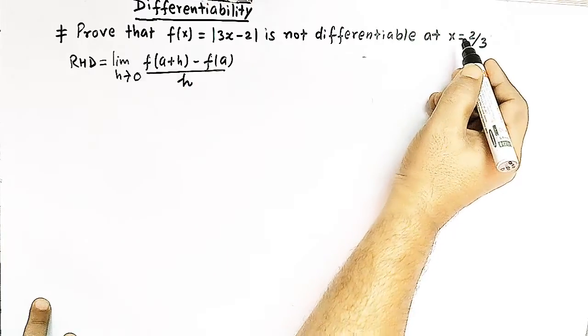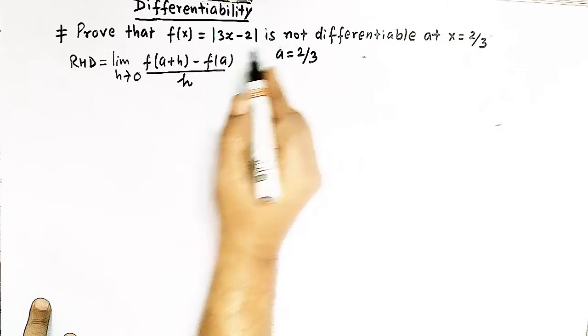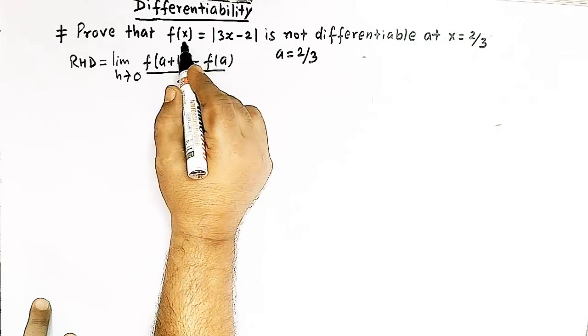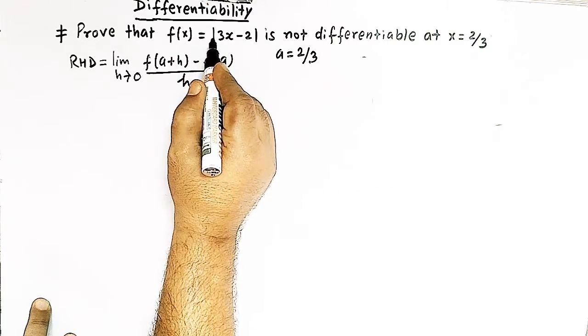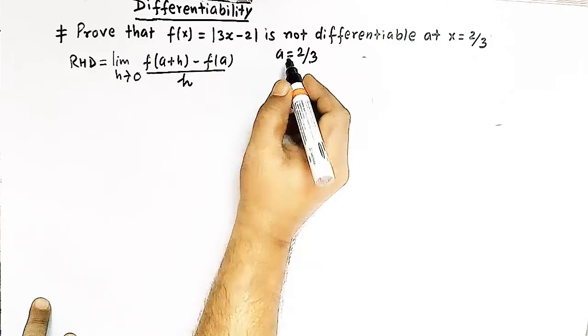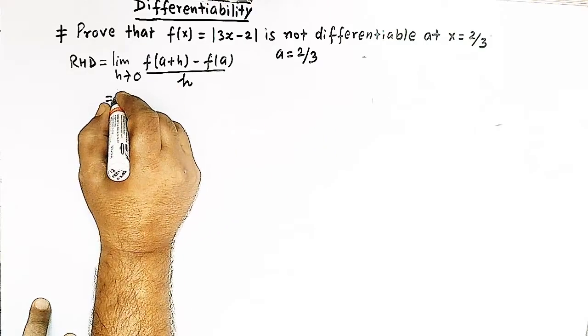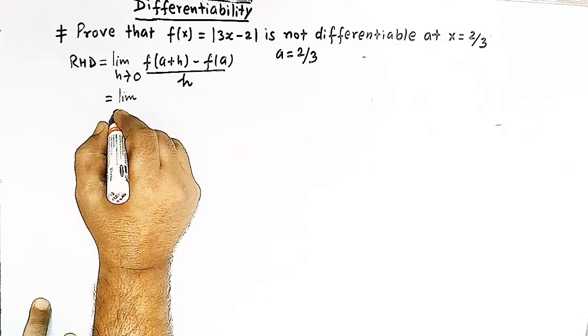Where a is this point, that is 2 over 3. Now the domain of this function, that is the mod function mod of 3x minus 2, is the set of all real numbers, right?